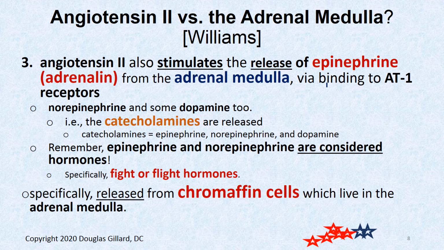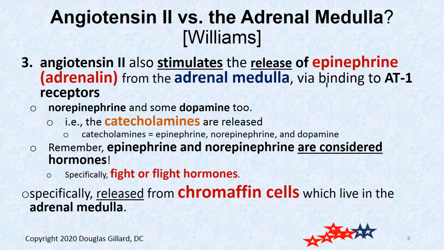What else does angiotensin do? How about its effect on the medulla of the adrenal gland? Yep, it stimulates, it binds to chromaffin cells, which live in the adrenal medulla, which in turn stimulates the release of epinephrine from the medulla, as well as some of the other catecholamines.